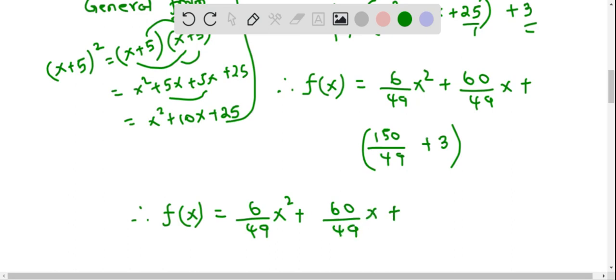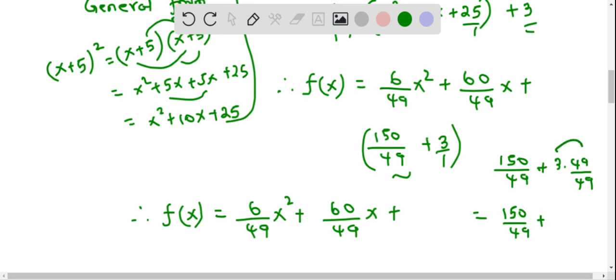So f of x equals 6 by 49 x squared plus 60 over 49 x plus, let's simplify this, 150 over 49 plus 3. Since we have to simplify using the common denominator, which is 49, we multiply this 3 with 49 and divide by 49. So this equals 150 over 49 plus 3 times 49, which is 147 over 49.